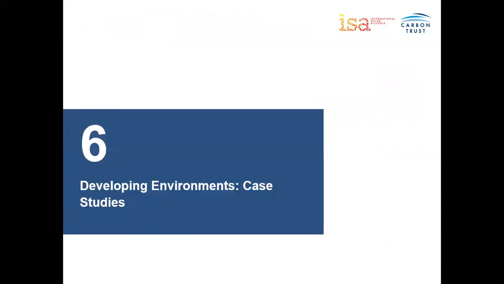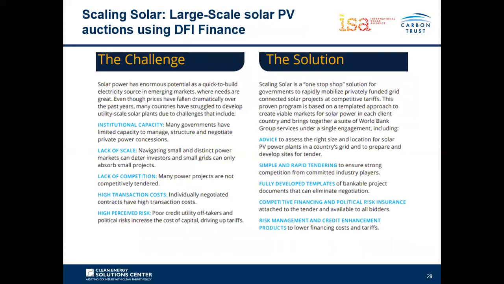And let's have a look at a few of the developing environment case studies to date. First off, the Scaling Solar project, which is operated by the World Bank and the International Finance Corporation, the IFC, and this is a large-scale solar PV auction that has utilized DFI finance, development finance institutions that have loaned money.